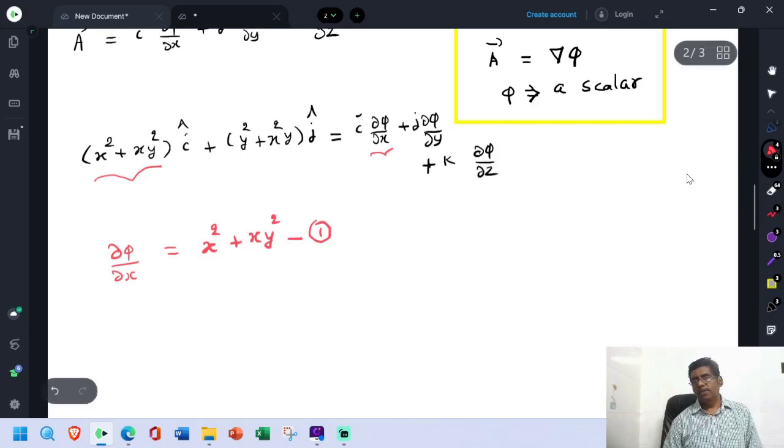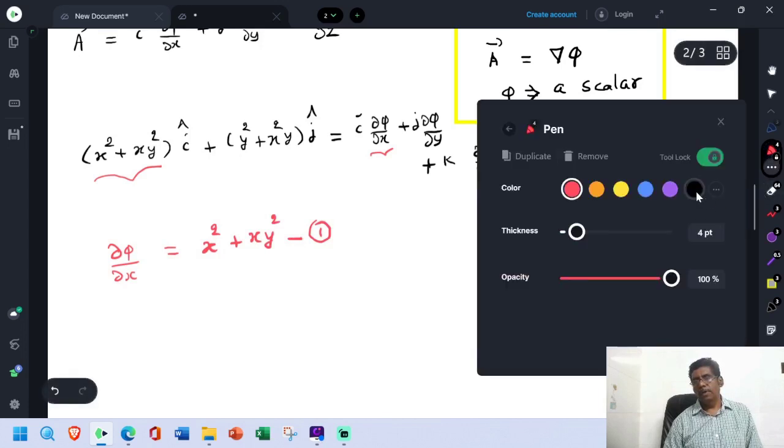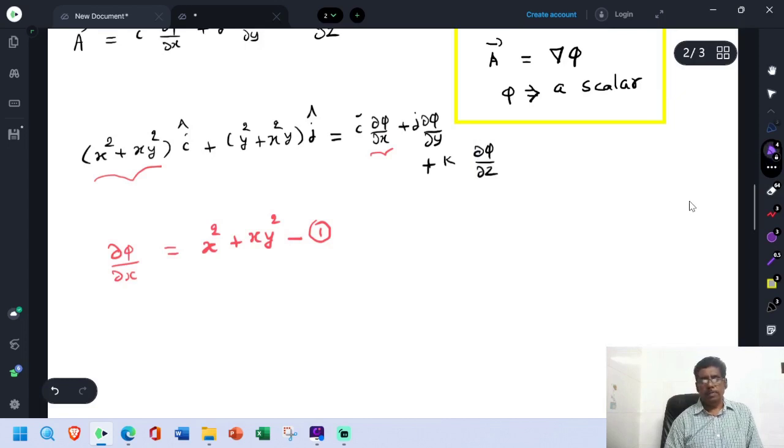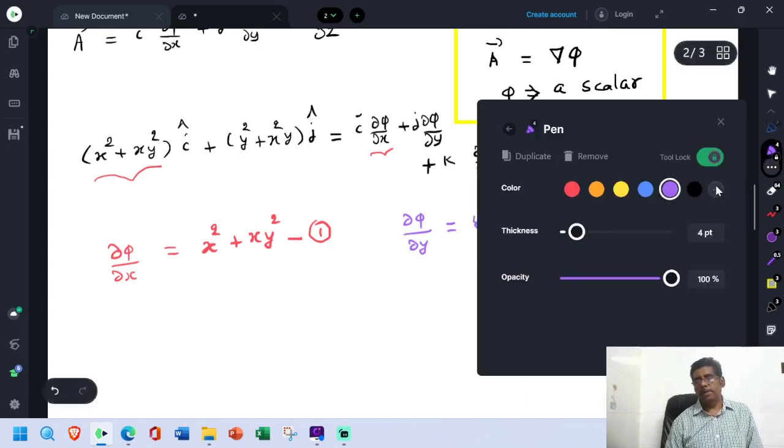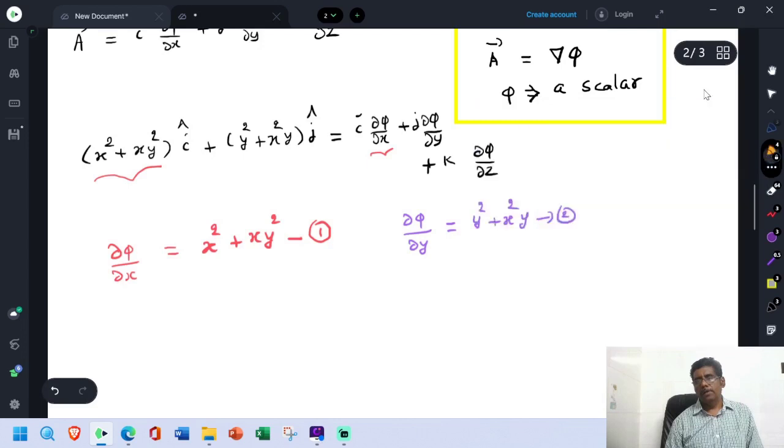Then coefficient of j is dou pi by dou y equal to y square plus x square y. This is equation 2. Then coefficient of k, that is dou pi by dou z.